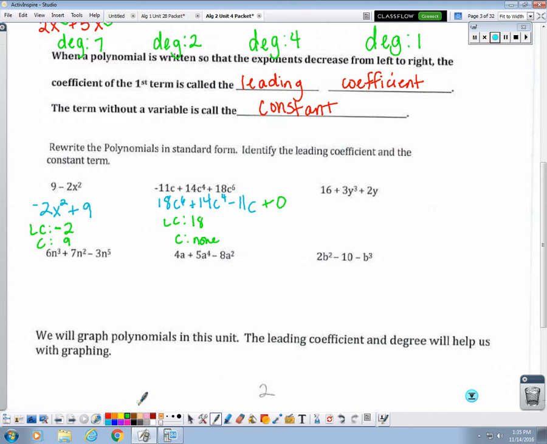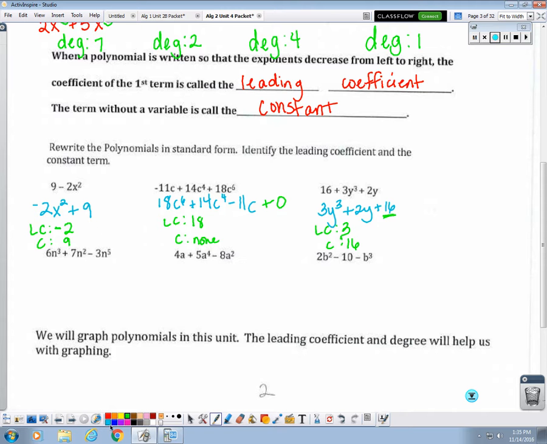Okay, for the next one, what does it look like in standard form? 3y to the third. Right. Okay, so what's the leading coefficient? 3, and what's the constant? 16. Okay, your constant is the number without a variable.